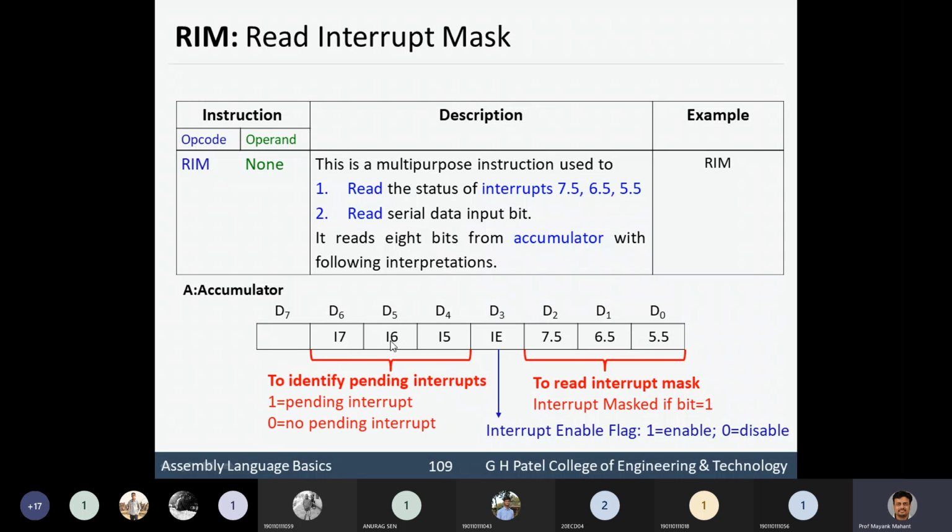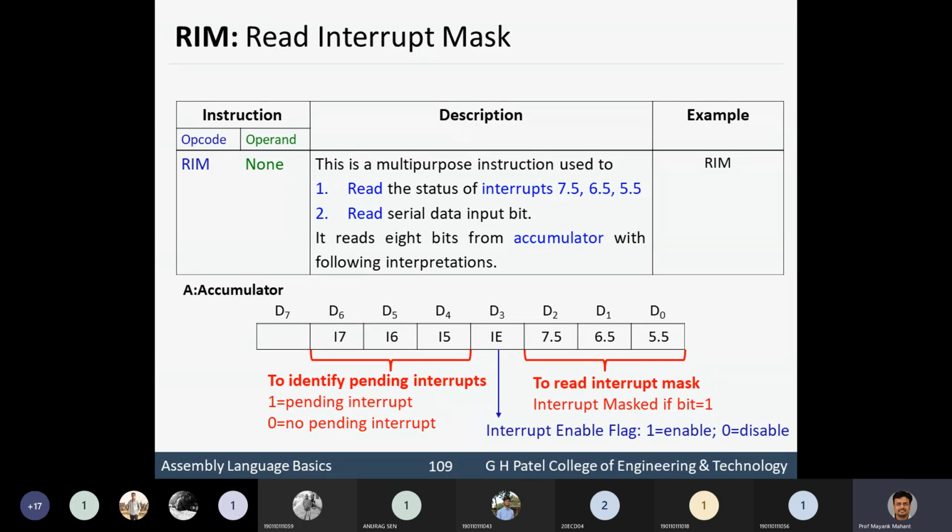These three, I7, I6, I5, identify whether the interrupt is pending or not. So this will identify which interrupt is pending. Suppose any value is set to 1, you will assume that this interrupt has occurred, but it is still pending. Now, pending means: generally, if an interrupt occurs, then your program counter will be loaded with the predefined value if your interrupts are vectored interrupts, and at that location you write the code for the interrupt service routine.